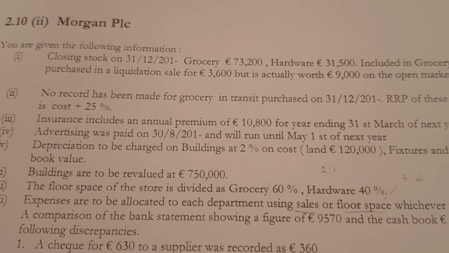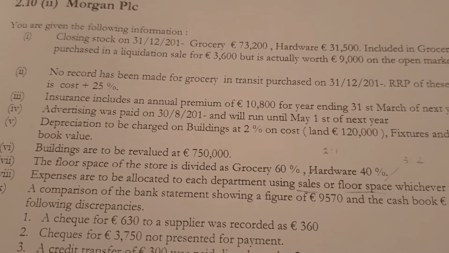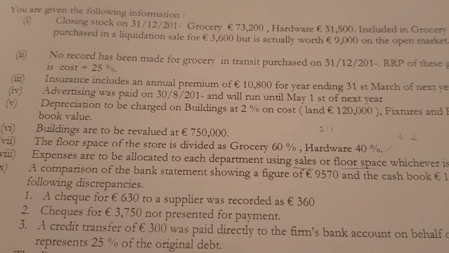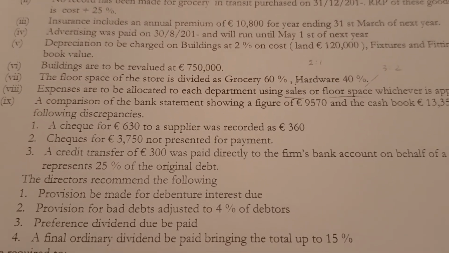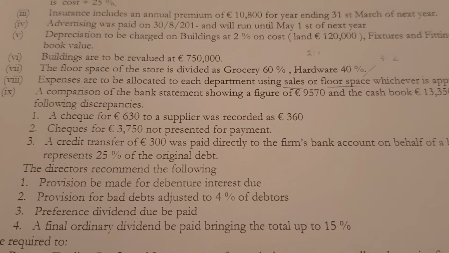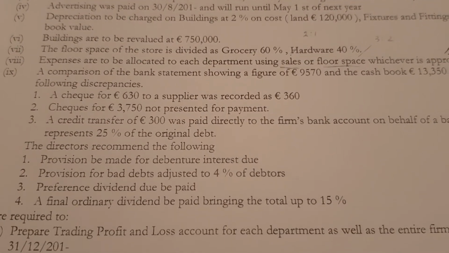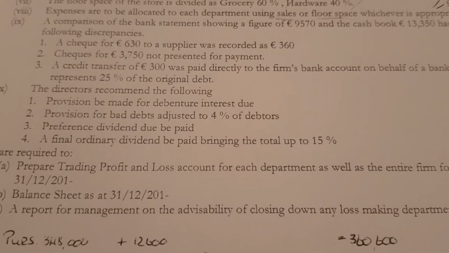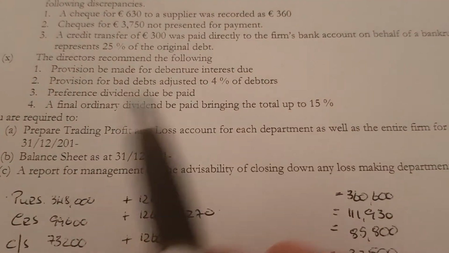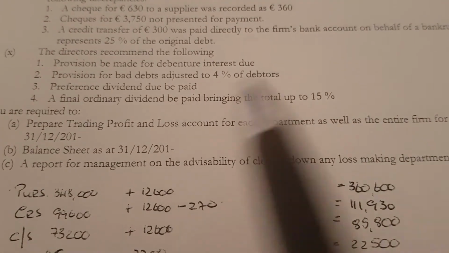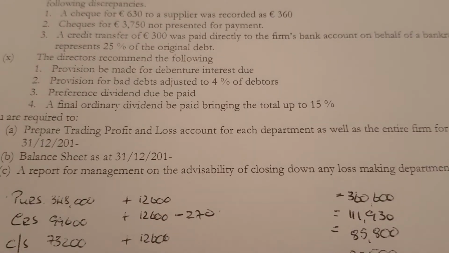Valuation of closing stock, goods in transit, insurance and advertising due, revalued buildings. The allocation of expenses are the same, and a bank reconciliation and recommendations. Now, I have that old one in there, the preference dividend due to be paid. Look, that's about all there is.